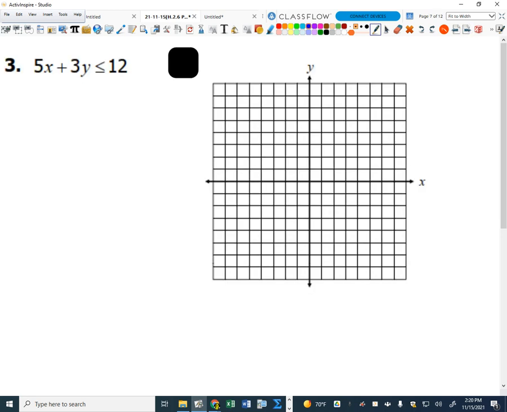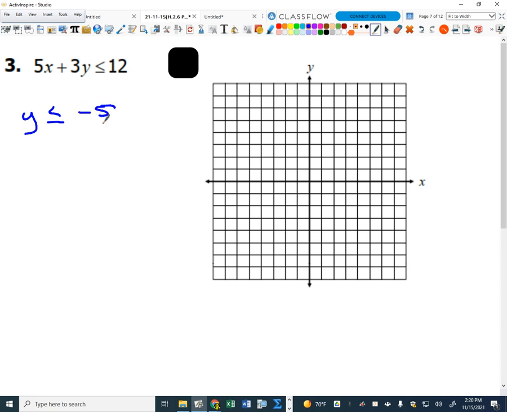Okay, what about this? So do we have to put this into slope-intercept form? We don't. We could. What would it give me if I were to put this into slope-intercept form? What would I get? Y. If I isolate that y, see if you can do this math in your head. Okay, so I'm going to have less than or equal to, what's going to be the coefficient of x on this side?